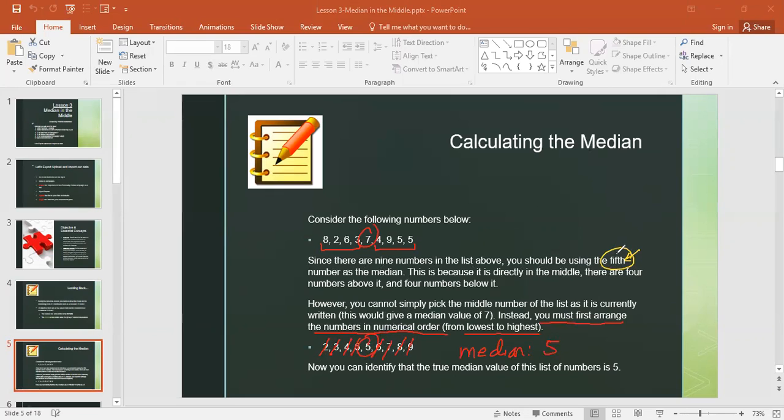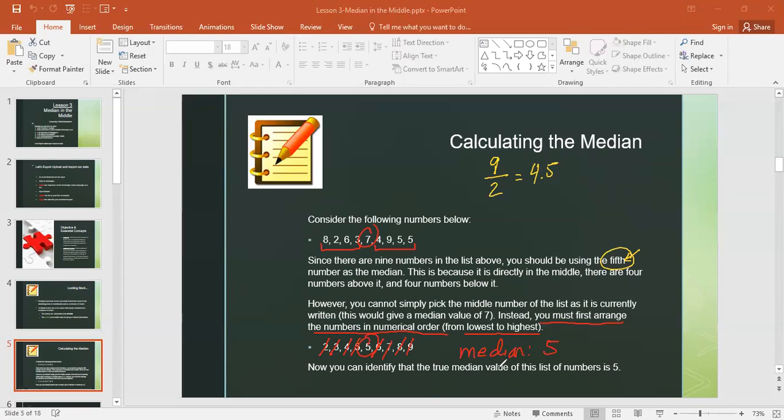So how can we easily figure that out? If I took my number of data that I have, which was 9, and I divided it by 2, I'm cutting it in half. I want to know what is the halfway point of my data. This gives me a 4.5. A decimal like this means that I have an actual true median.